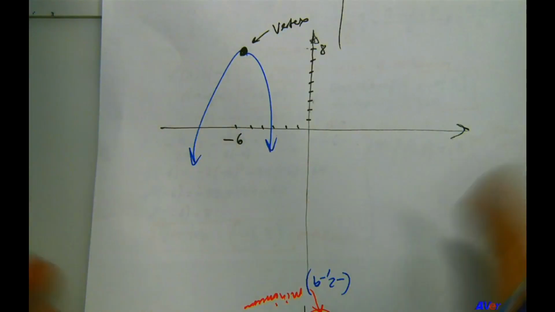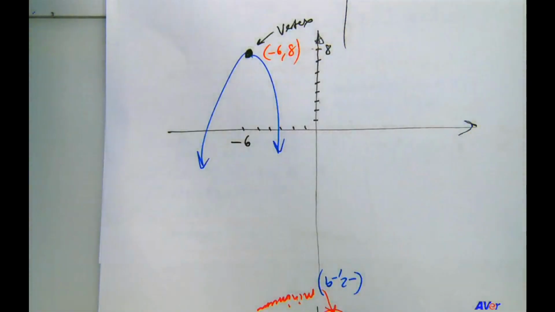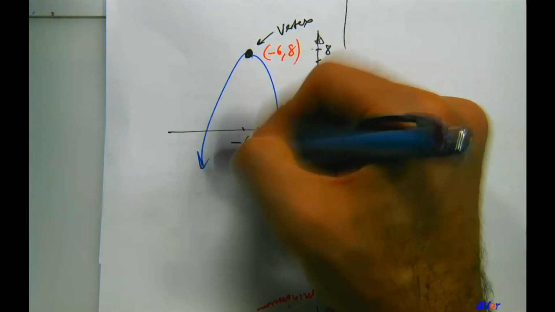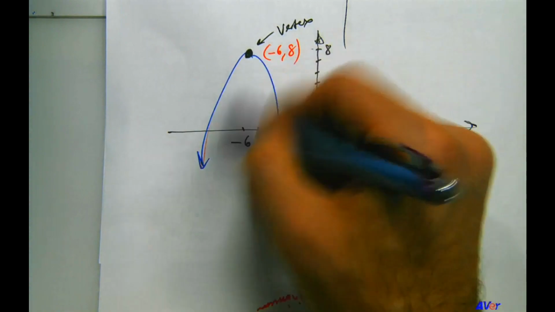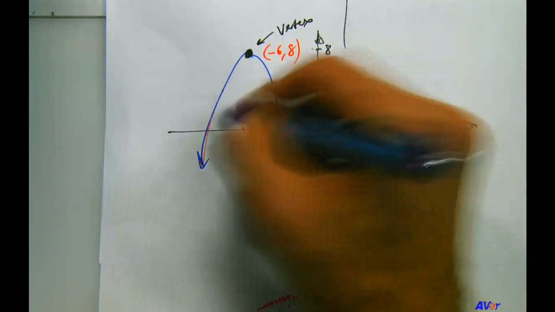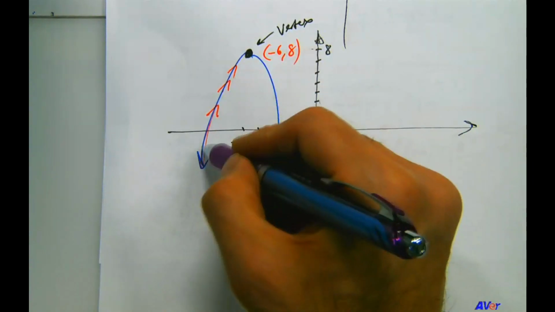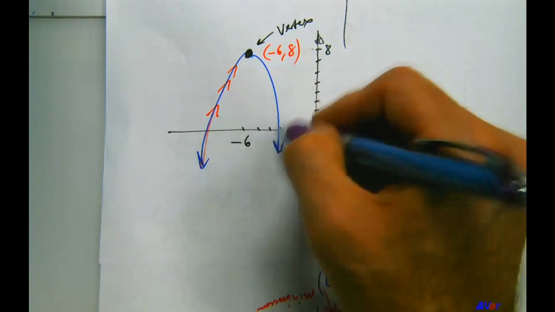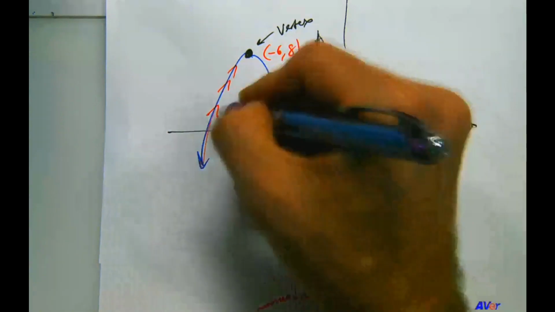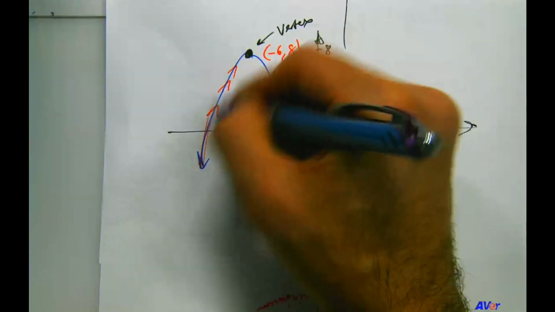Because we know where the vertex is, which is at negative 6 comma 8, when you read the graph from left to right, is the function increasing or decreasing? It's increasing, right? Going this way. I drew these arrows at the ends to indicate that the lines are continuing on both sides. But when we read the graph from left to right, it's increasing from this way.